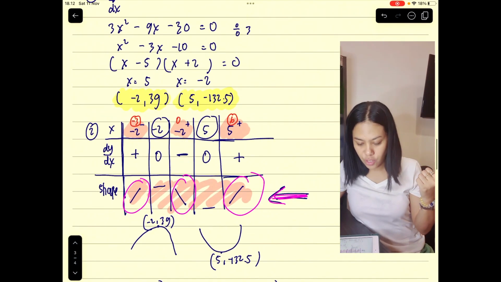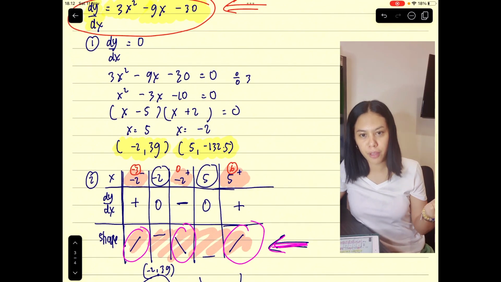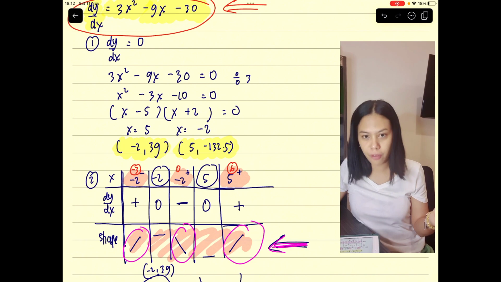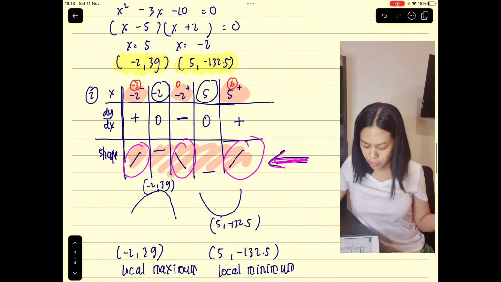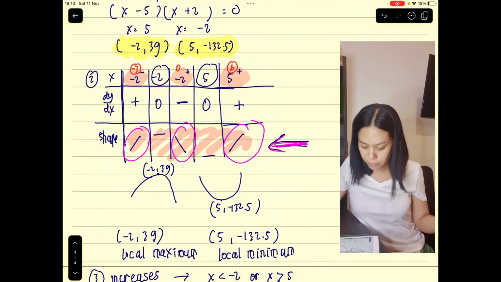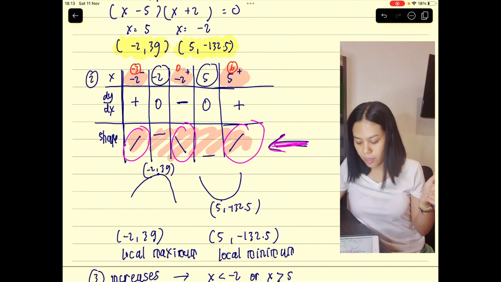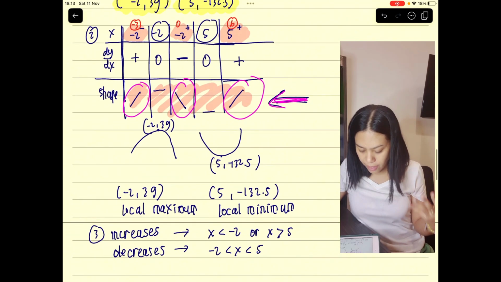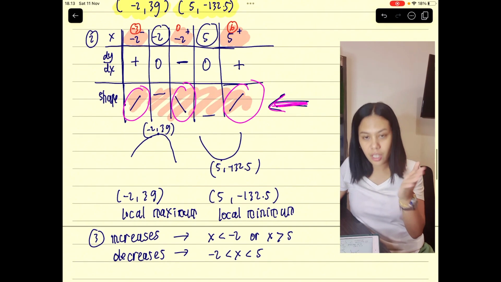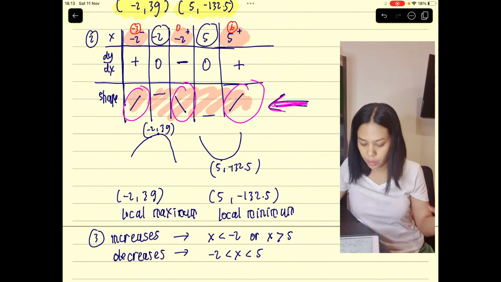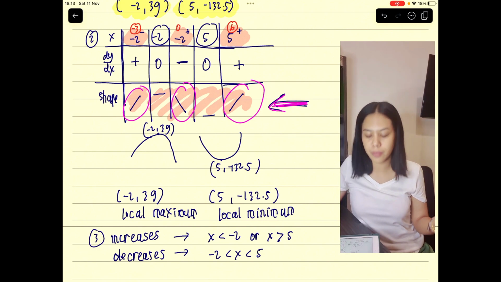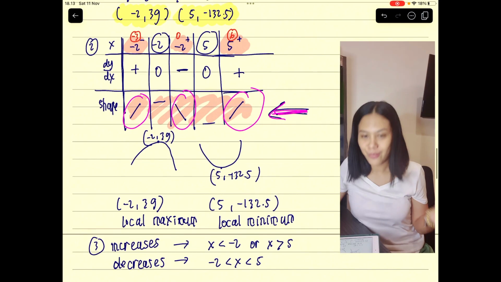We got the stationary points, which are -2, 39 and 5, -132.5. We found out that -2, 39 is the local maximum, and 5, -132.5 is the local minimum. Then we found where the function increases and decreases using the table. It increases before -2 and after 5, and it decreases between -2 and 5.